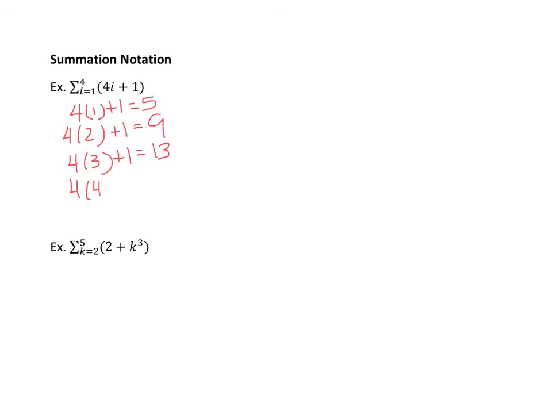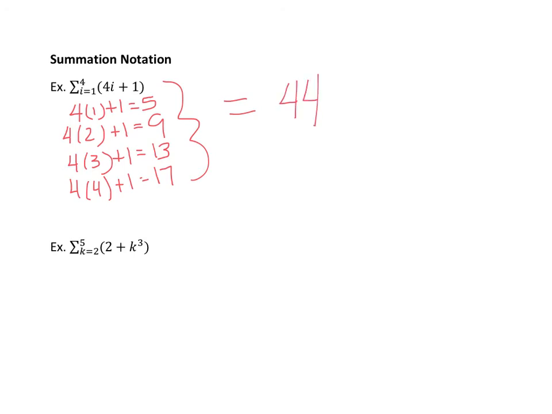And 4 times 4 plus 1, 17. Add all those up. This sum is 5 plus 9 plus 13 plus 17, 44.